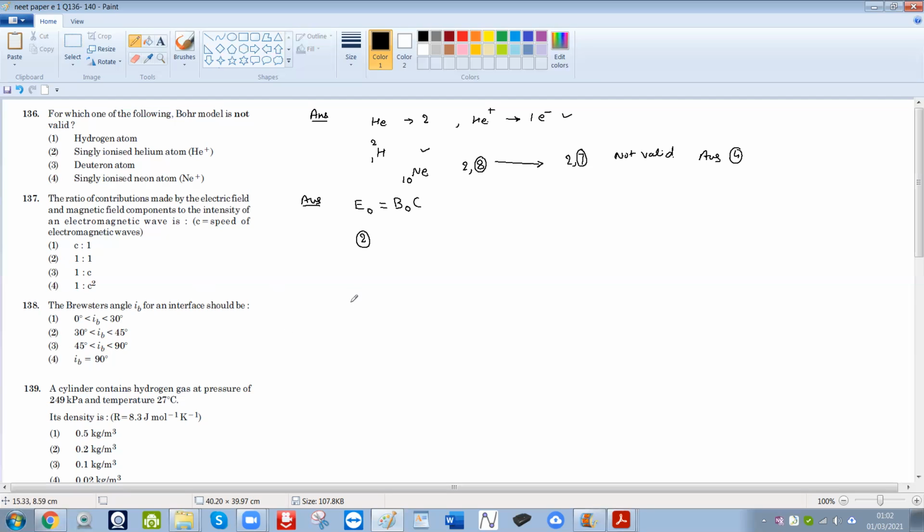Now, according to Brewster's law, if a ray of light is incident from a rarer to denser medium and it is incident at a particular angle, called Brewster's angle, then at this angle reflected ray and refracted ray are mutually perpendicular.